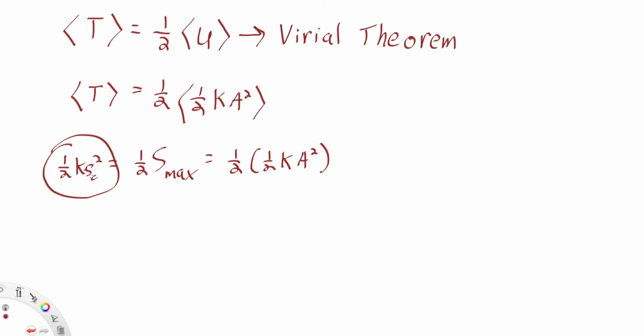How big does S need to be so that it has half of the energy that it did at the starting point? It's not halfway to the max distance, because we're scaling quadratically. If you're halfway to the max distance, you actually only have a quarter of the potential energy.